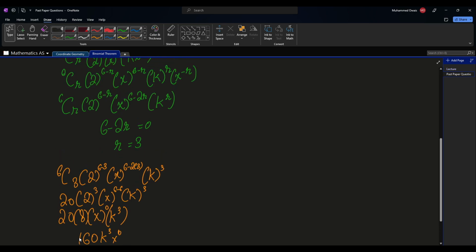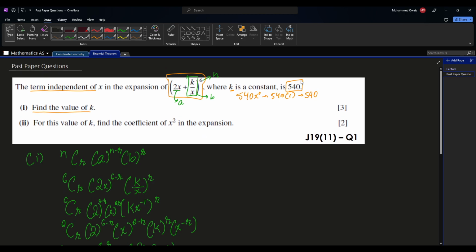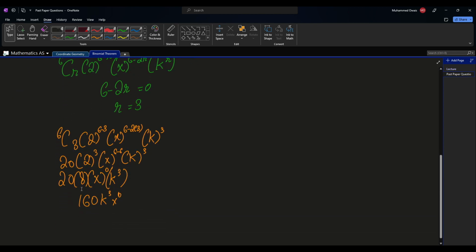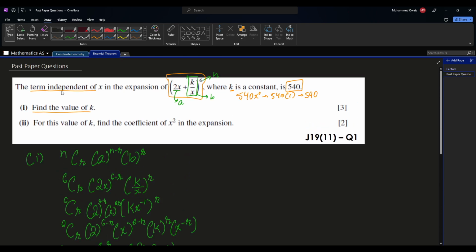Alright, now that we have this, what we can do is equate it to 540 x power 0, right? Because 540 x power 0 is basically 160 k cube x power 0. As once again, this tells us the term independent of x is 540.